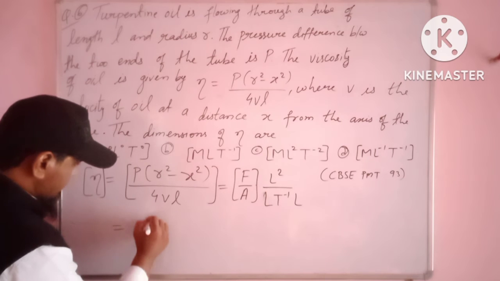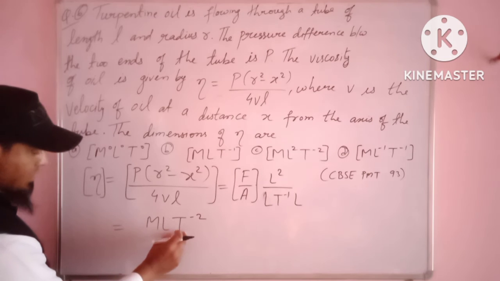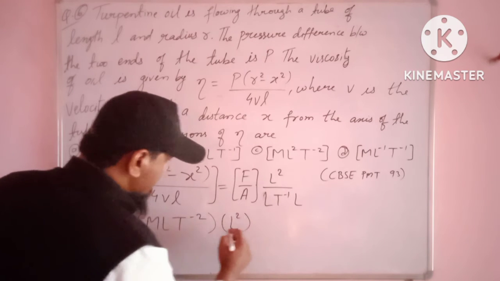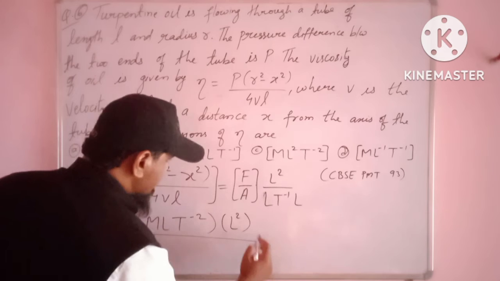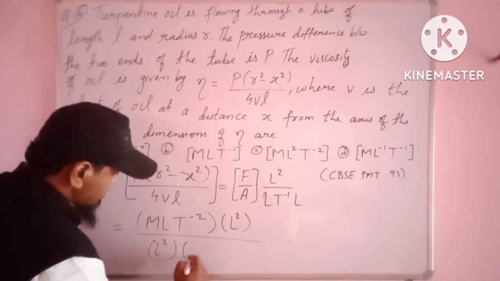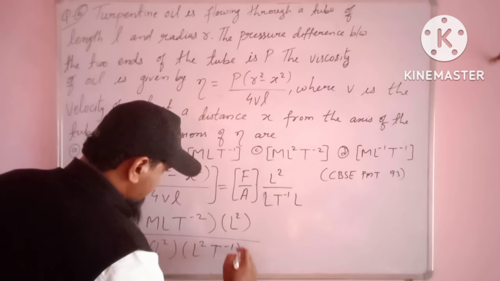Dimensions of force, you have to keep in mind MLT power minus 2, that is mass into acceleration, then L square upon dimensions of area, L square, and L into L square T power minus 1.